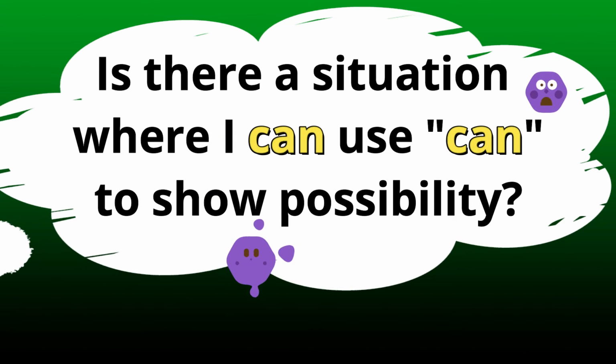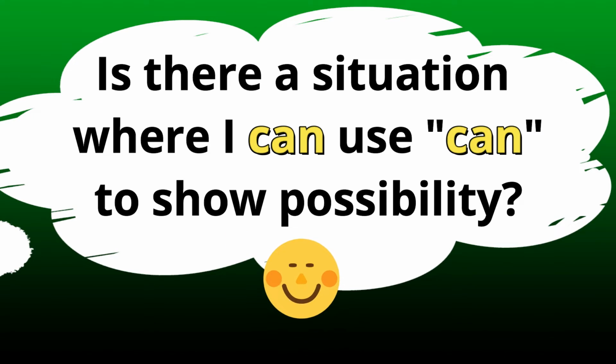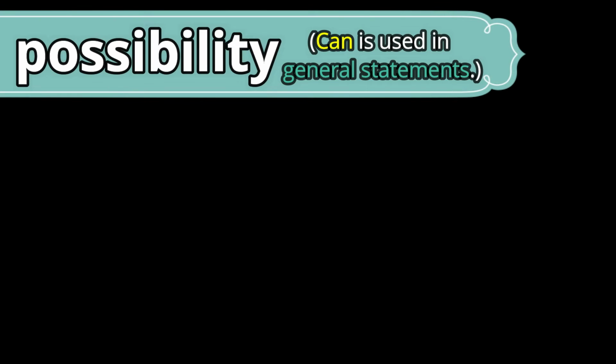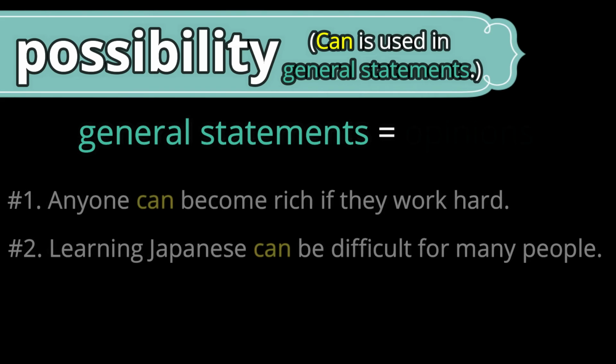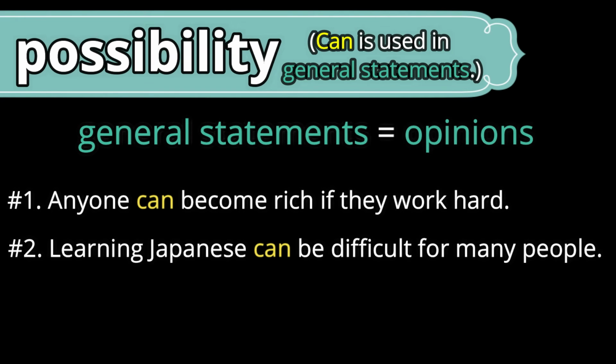Is there a situation where I can use can to show possibility? Well, yes, there is. Can is usually used to show possibility in general statements. And a general statement like these 2 statements are basically opinions. So let's look at the first example.